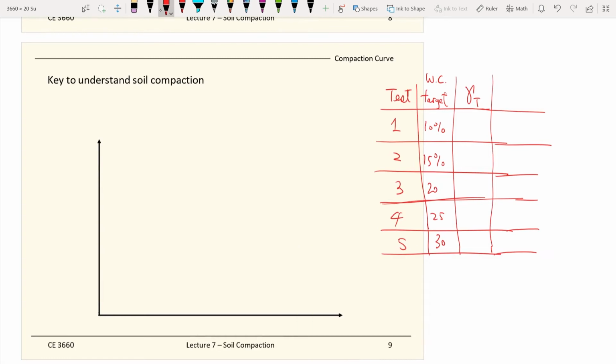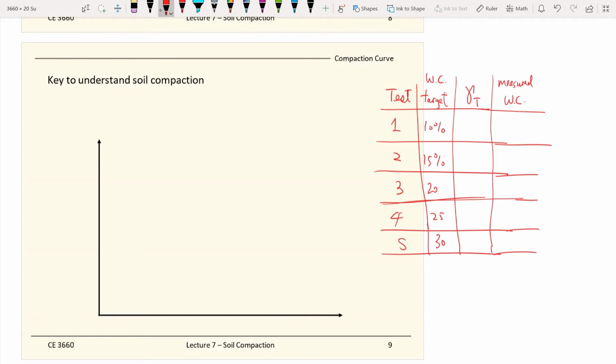After you measure the total unit weight, you can find out the measured water content. This measured water content should be very close to your target. If you target 10%, you may get something like 9.5% or 10.5%, maybe some discrepancy, but it shouldn't be off much, depending on how well you mix the soil.